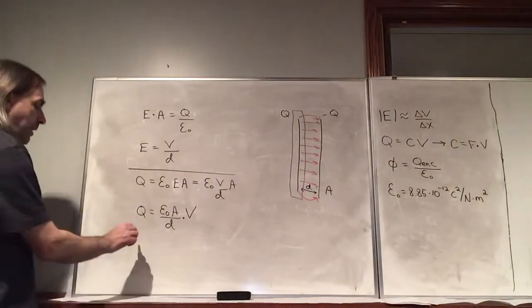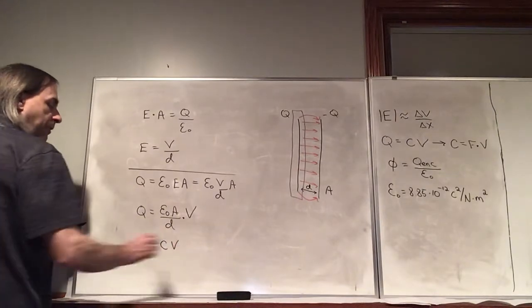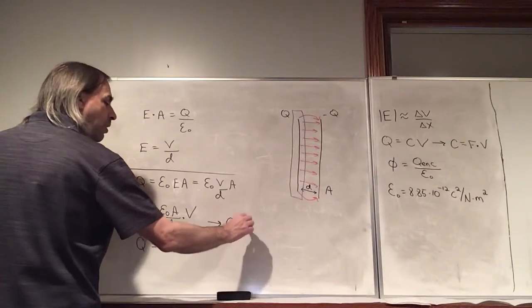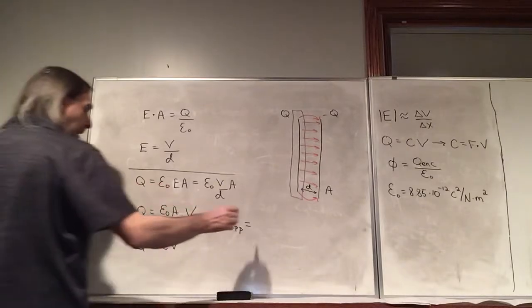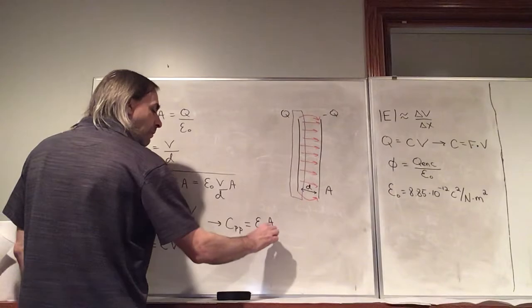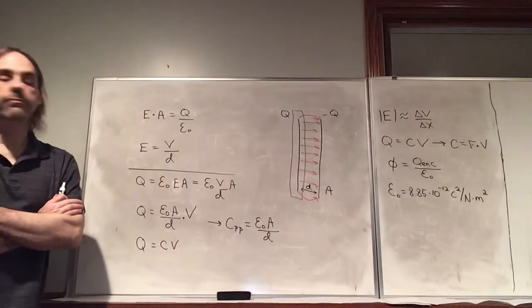Now, if we compare this to the basic equation, Q equals C times V, we can see that the capacitance for a parallel plate capacitor is epsilon naught A over d.